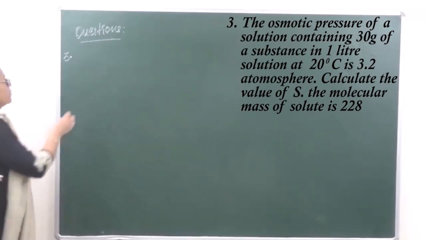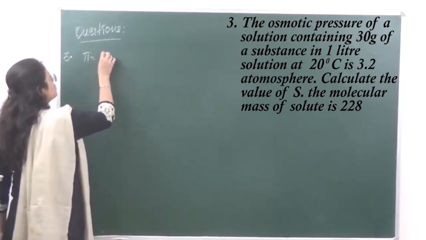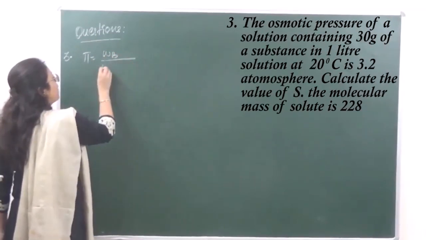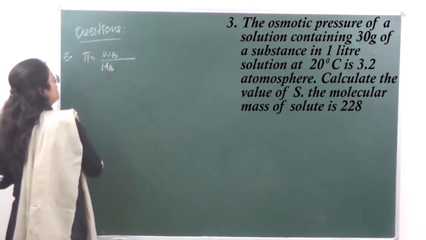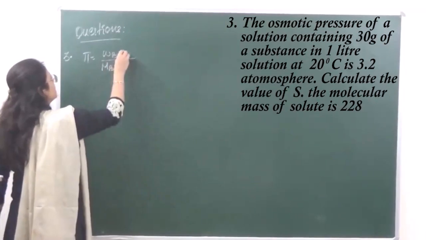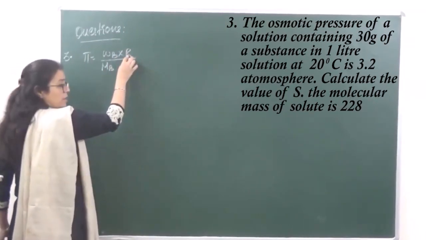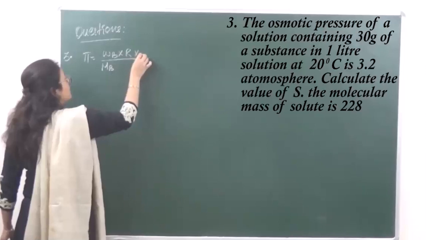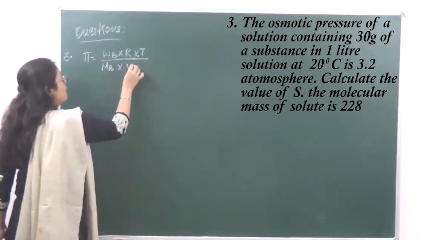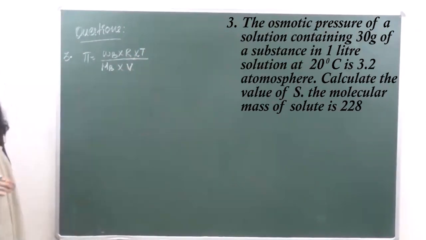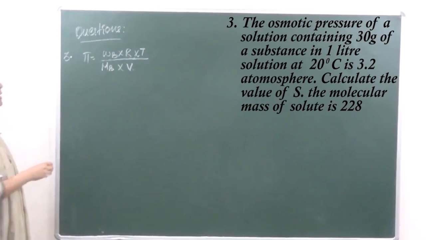So we simply put down the formula pi equal to WB upon MB into R into T upon V. R over here is S only. Osmotic pressure given to us in this question is 3.2 atmosphere.